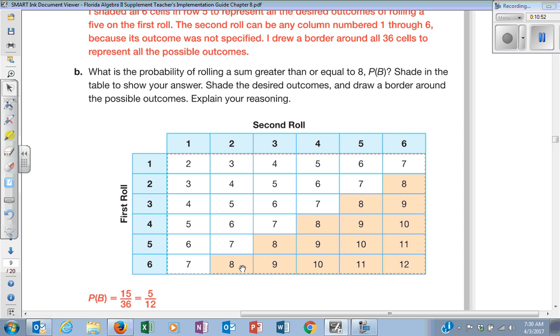So it looks like 1 plus 2 plus 3 plus 4 plus 5. Yes? And so when you add that together, you get 15 out of 36. Please don't just focus on the coloring. 15 out of 36 reduces because 3 goes into both of them. This reduces to 5 over 12.